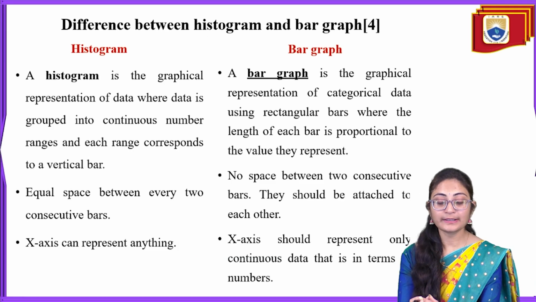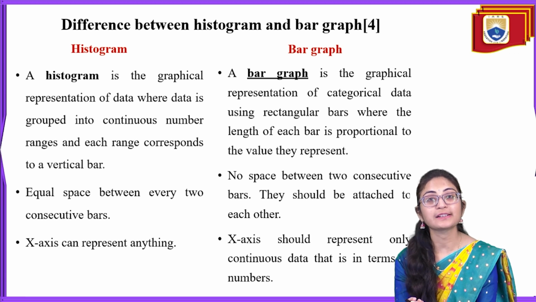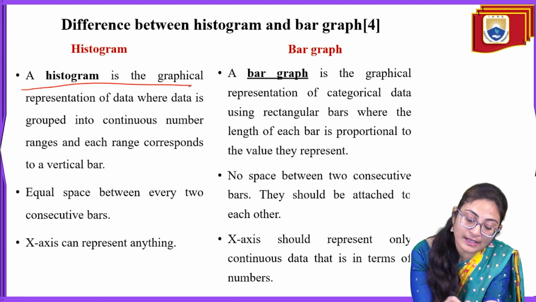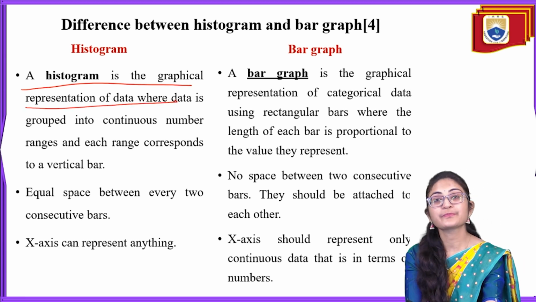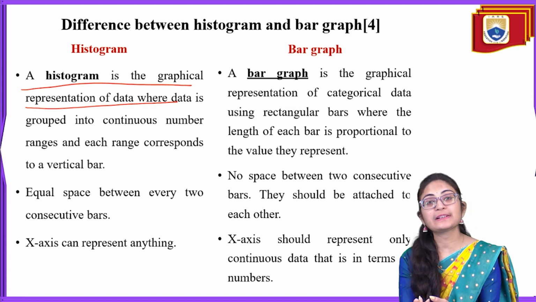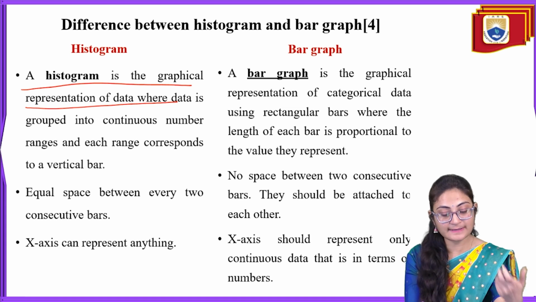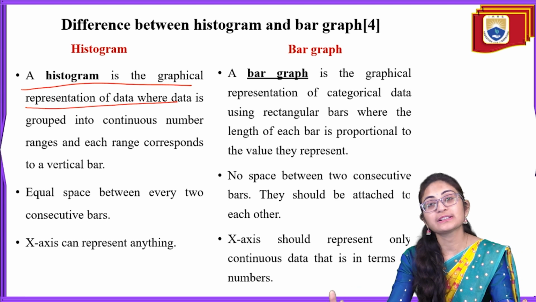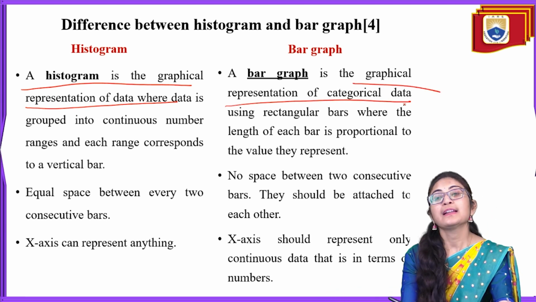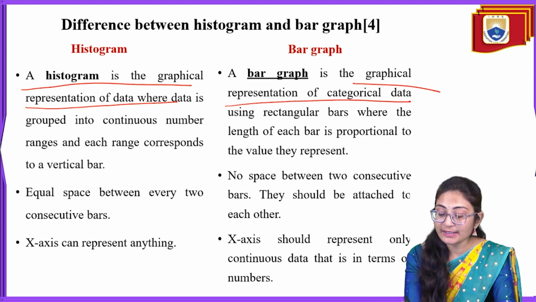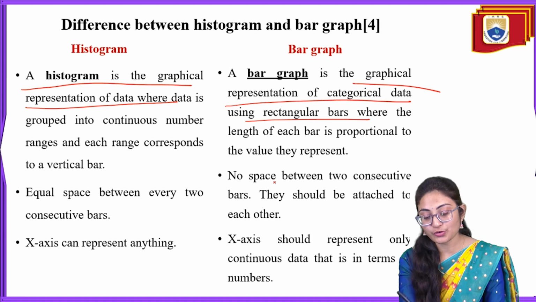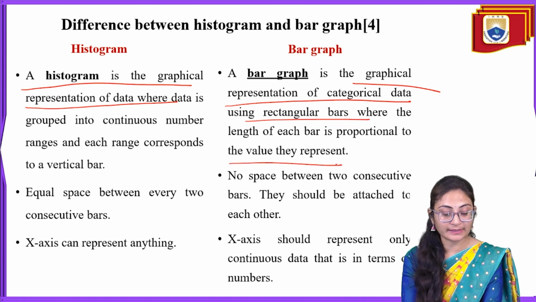Now we will see the difference between the histogram and the bar graph. First difference is that the histogram is the graphical representation of data where data is grouped into continuous number ranges and each range corresponds to a vertical bar, and the bar graph is the graphical representation of categorical data using rectangular bars where the length of each bar is proportional to the value they represent.